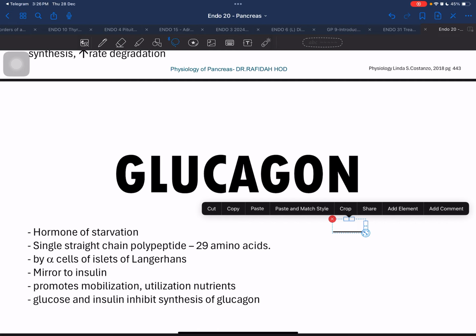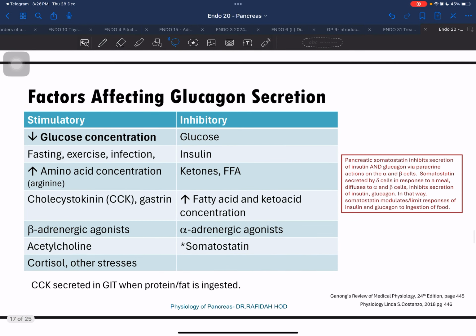And then also cholecystokinin and gastrin akan stimulate glucagon secretion. Beta-adrenergic, acetylcholine, cortisol and other stresses will also promote glucagon secretion. Okay, kalau inhibitory, maknanya the opposite lah, when we have high glucose or when there is presence of glucose, then glucagon will not be secreted. Or when there is insulin, then glucagon secretion will be inhibited.